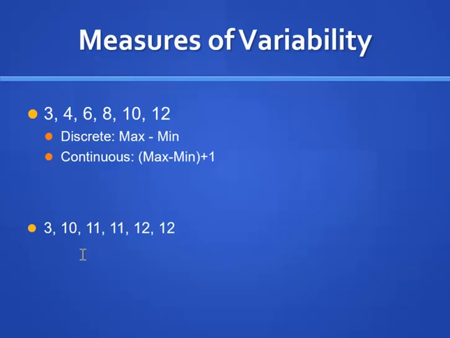Two things are happening here. First of all, the bulk of the scores, right, 5 of the 6 scores are within 2 values of one another, right? So 5 of the 6 scores don't really have a lot of variability. What we have here is an outlier of sorts, right? That's affecting the range, right?